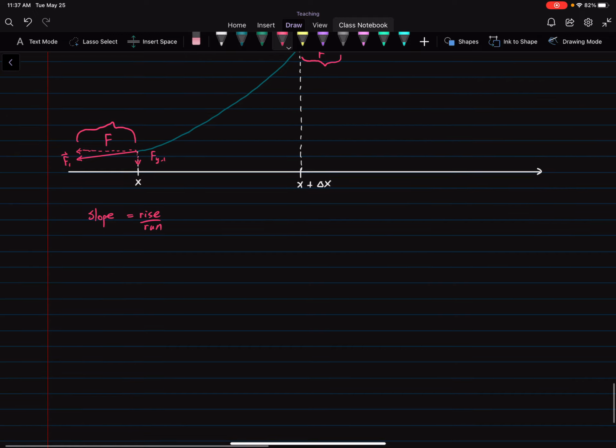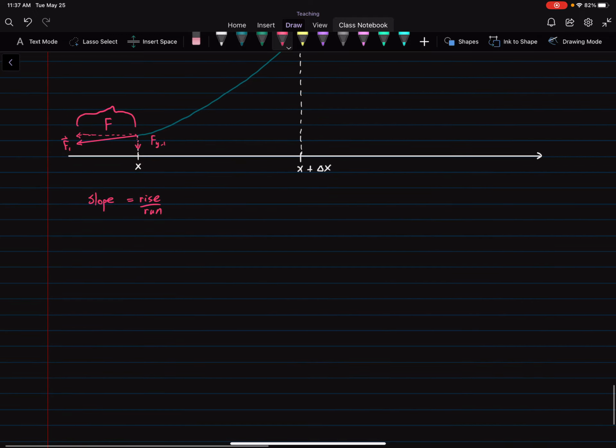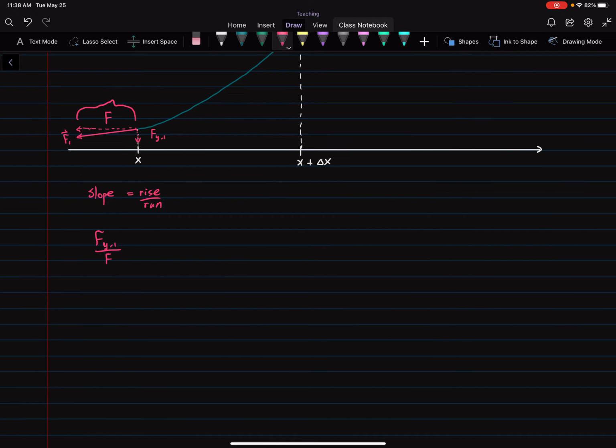So if you say that Fy1, I think is how I wrote it, divided by F, you're declaring rise over run there. And so you're defining a slope. And so since we're talking about this guy, Fy1 is negative, and we're going to take this F as just the magnitude of F, because we can say it's this one, which happens to be negative, or that one, which happens to be positive. We just want that quantity. So we'll consider the magnitude, or we'll consider it positive, whichever way you want to think about it.